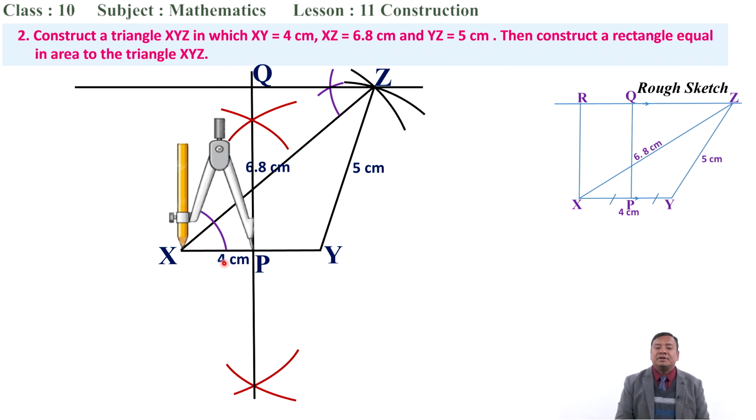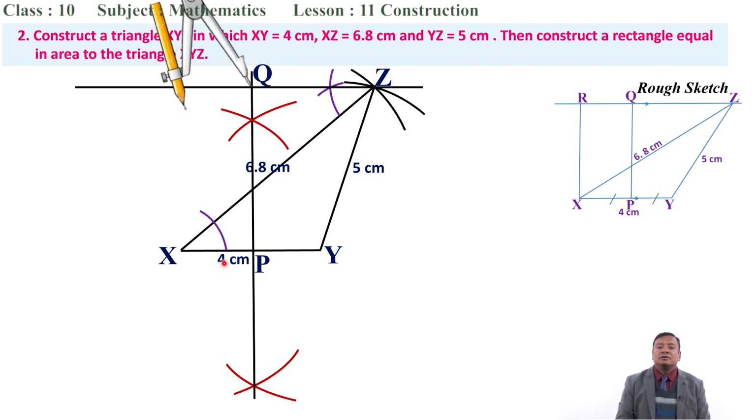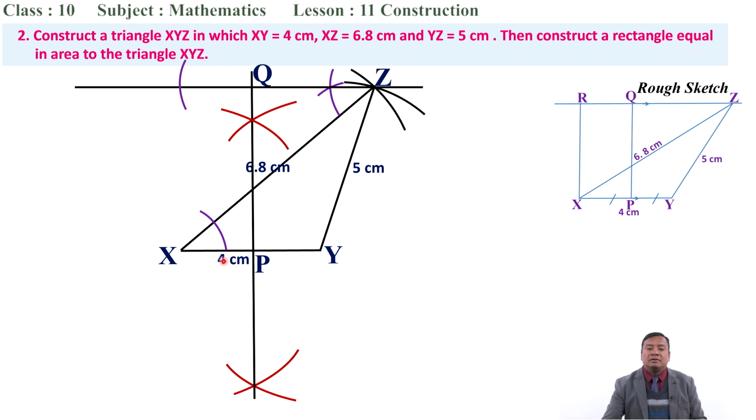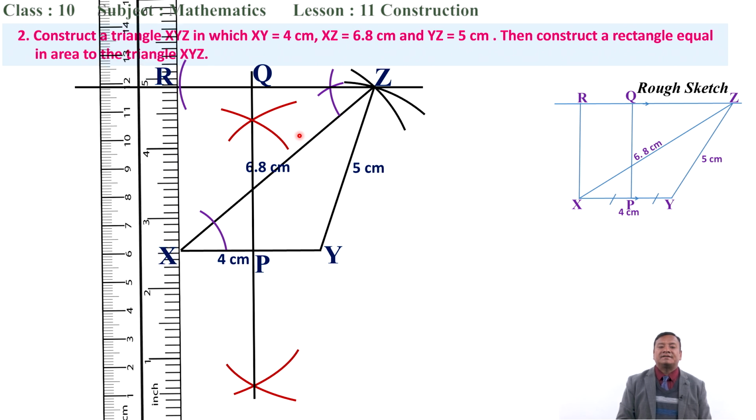By the compass it will be easy. And then through the point Q, cut off an arc. Now this PX will be equal to this, or you can name it R. PX and QR are of equal length, right? Now join this X and R.